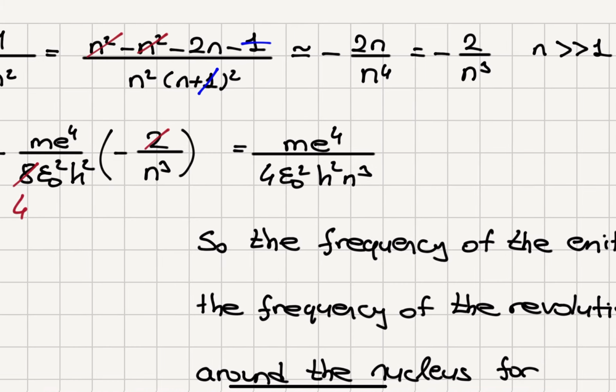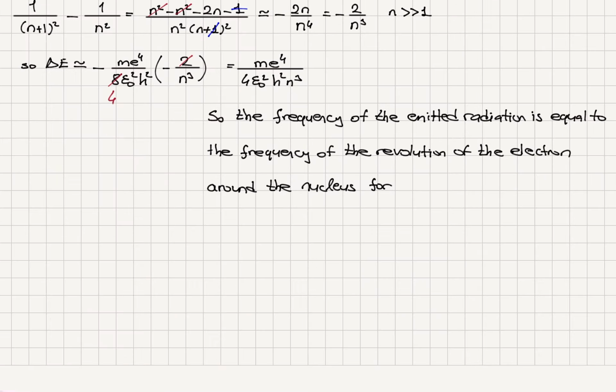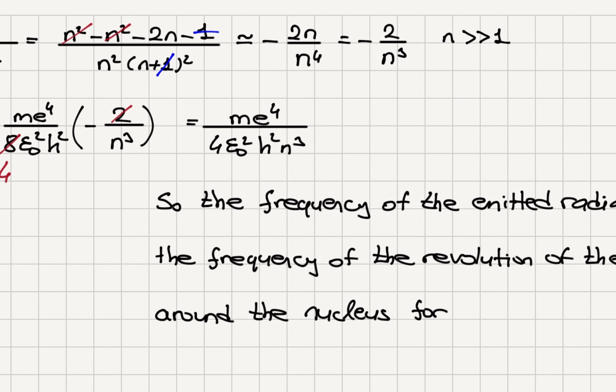And what is this? Me⁴ divided by 4 epsilon 0² h² n³ will be equal to the energy of the radiated photon, which is h times frequency, the energy of the photon.